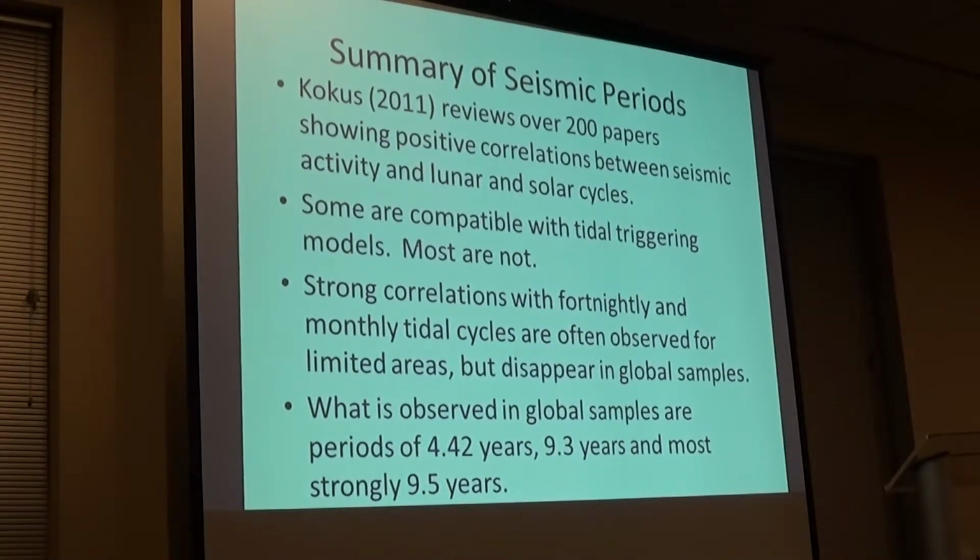Now, this is not what you would expect to find if you were looking at a maximum local tidal stress. What should really be curious here is that we don't get an 8.84 year period. That doesn't show up, and that is what your tidal models would predict.